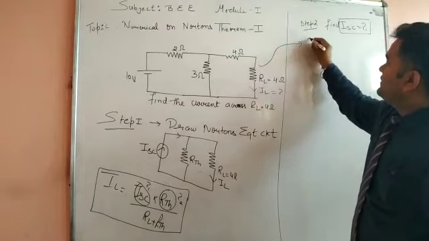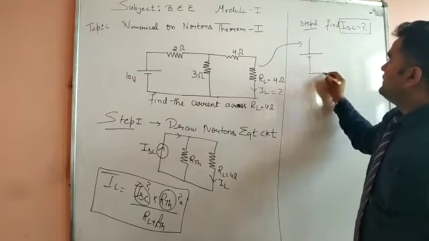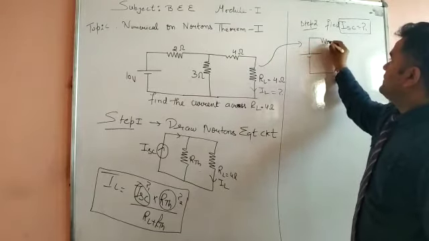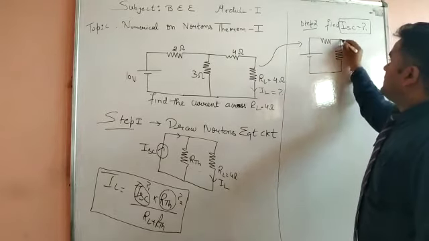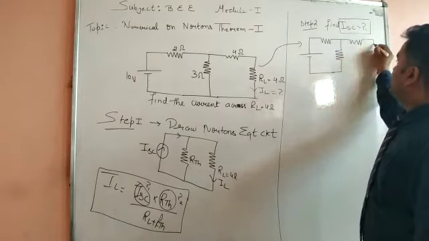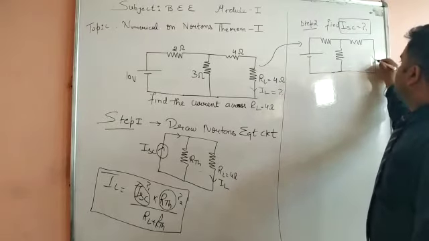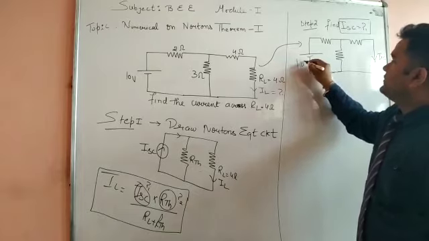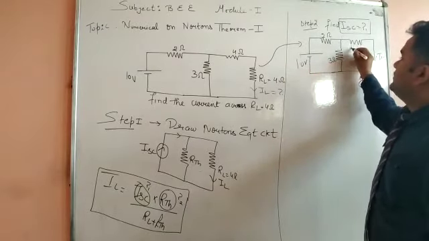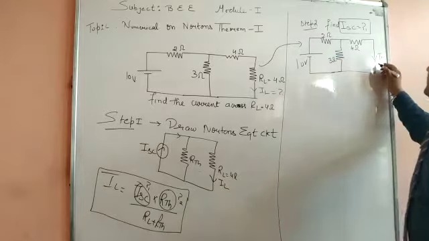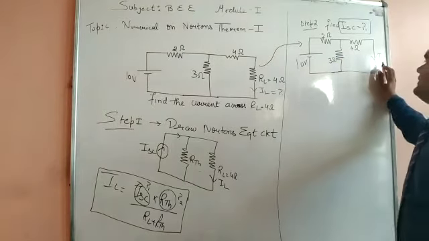In this circuit, draw the diagram again. I am just drawing the diagram. You just short the load. This is the current that you have to find out. This is 2 ohm, 3 ohm, again 4 ohm. You have to find out this value of current, ISC.